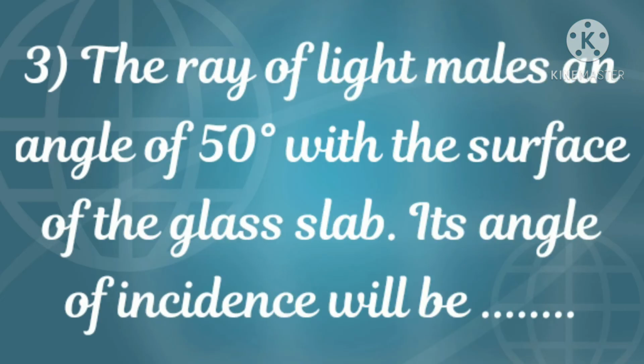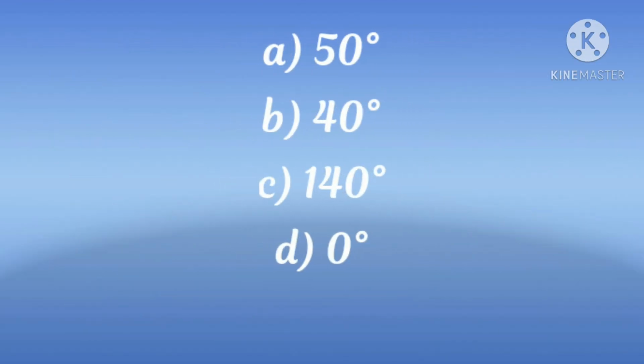3. The ray of light makes an angle of 50 degree with the surface S1 of the glass slab. Its angle of incidence will be dash. Options are A. 50 degree, B. 40 degree, C. 140 degree and D. 0 degree.